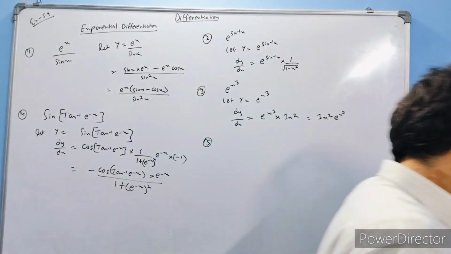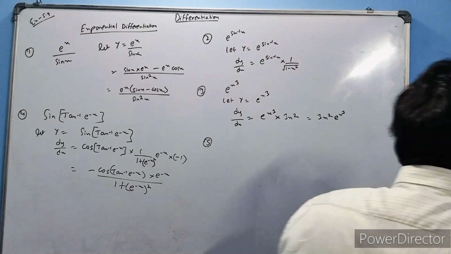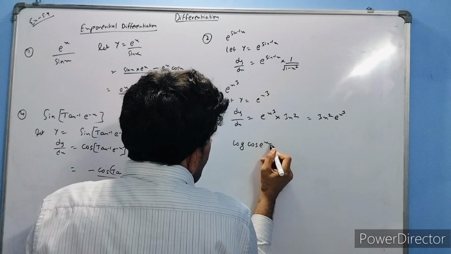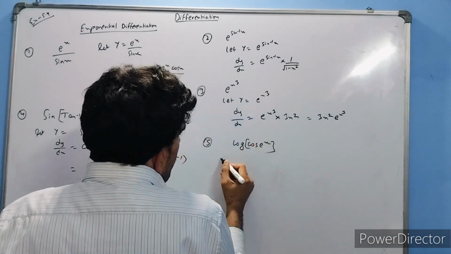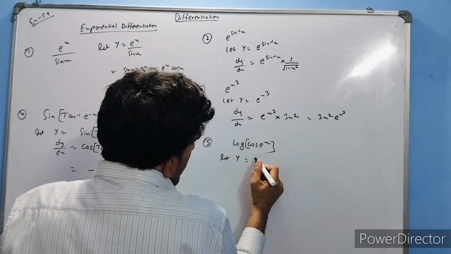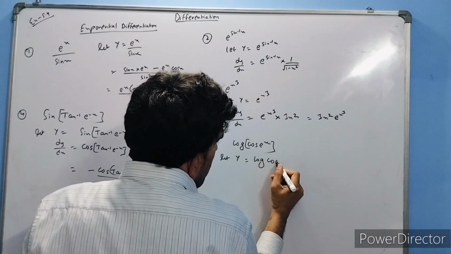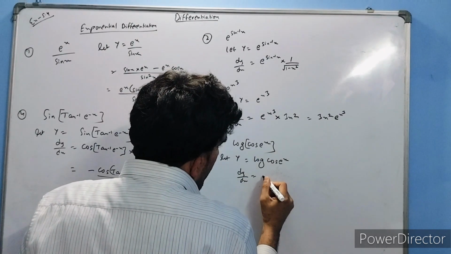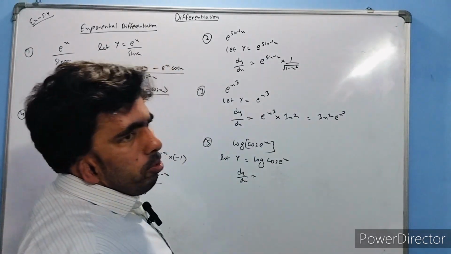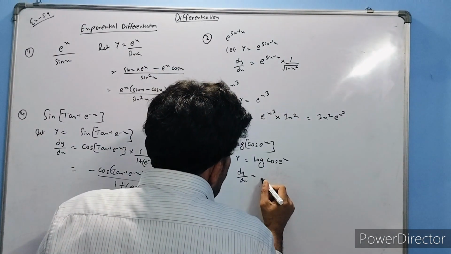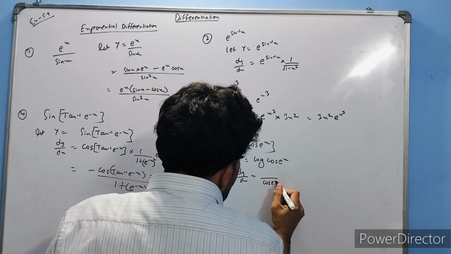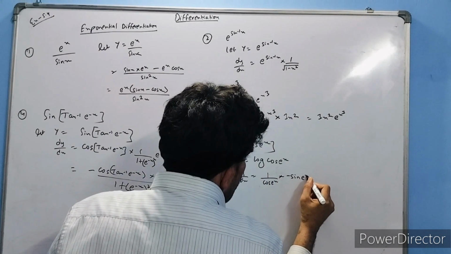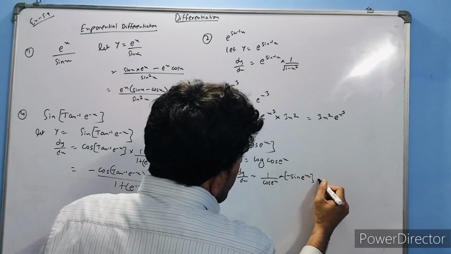Now the fifth numerical is log cos e raised to power x. Let us take y as log cos e raised to power x. So we get dy upon dx is equal to differentiation of log x, which will be 1 upon x, so we have 1 upon cos e raised to power x into differentiation of cos x, which will be minus sin x, and differentiation of e^x will be e^x.